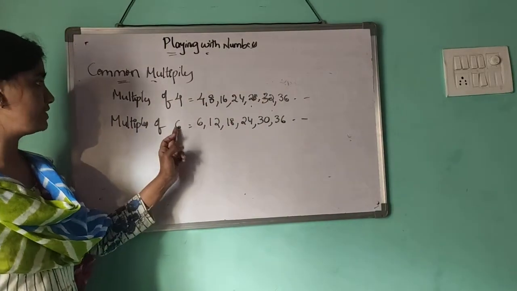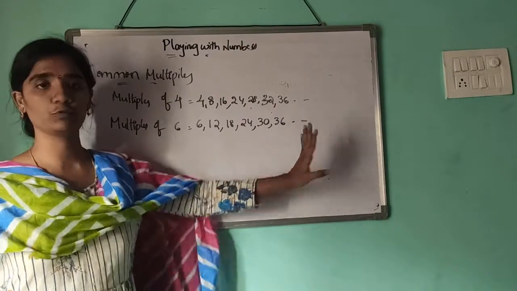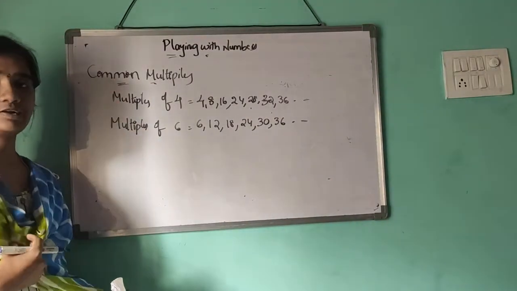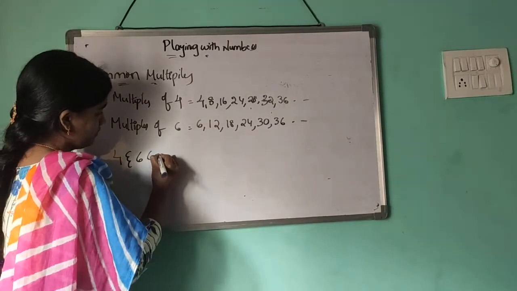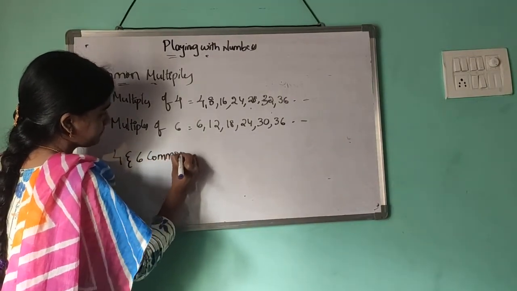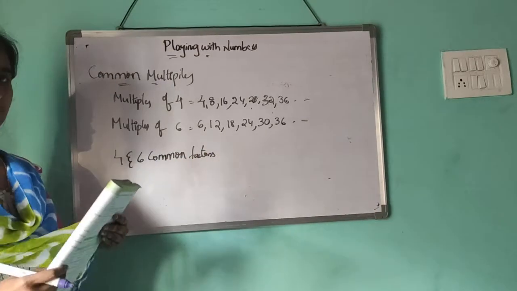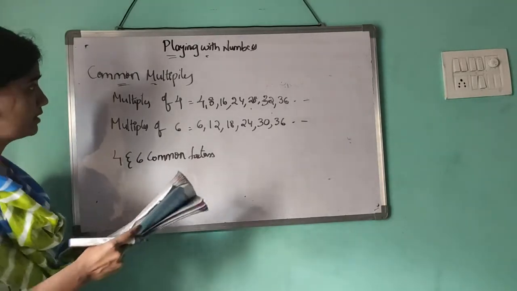Here are the multiples of 6. 6 ones are 6, 6 twos are 12, 18, 24, and so on. Among these two numbers, 4 and 6, what are the common multiples?